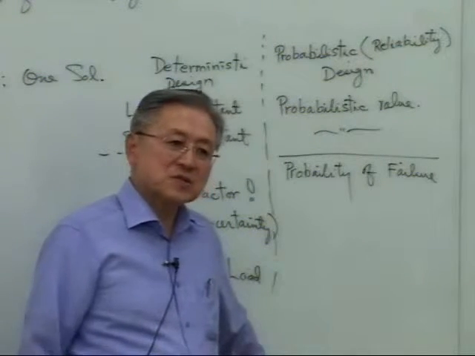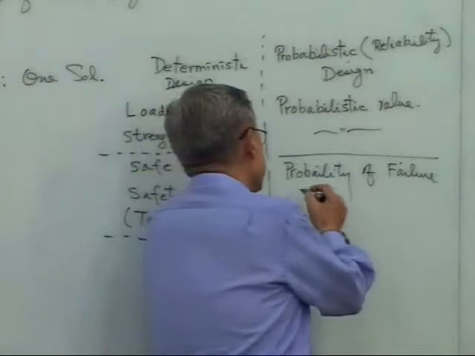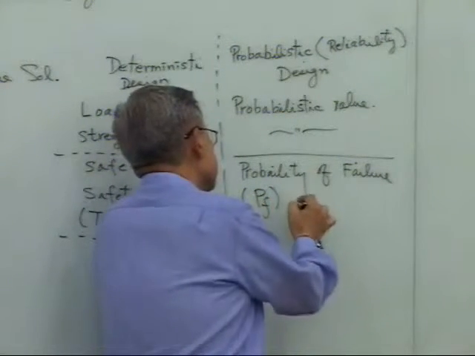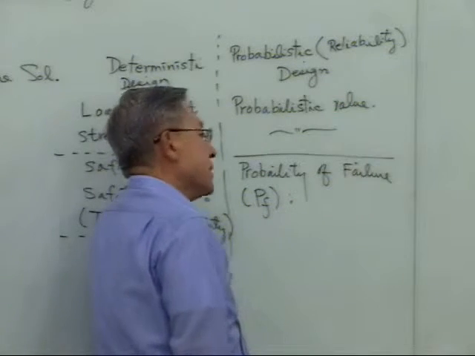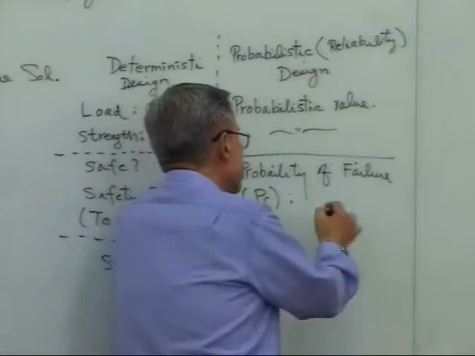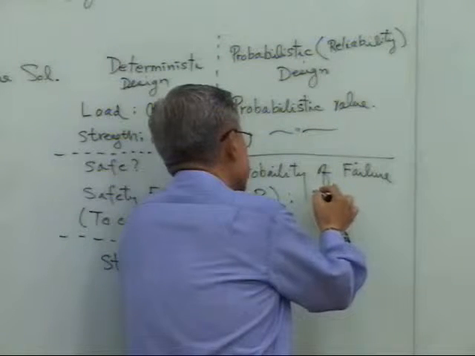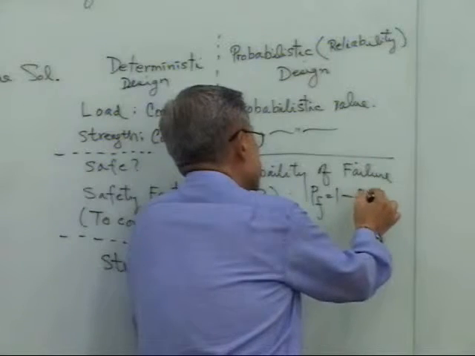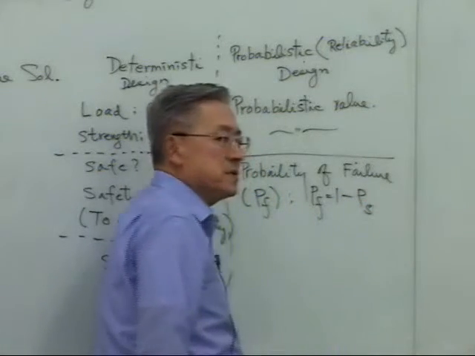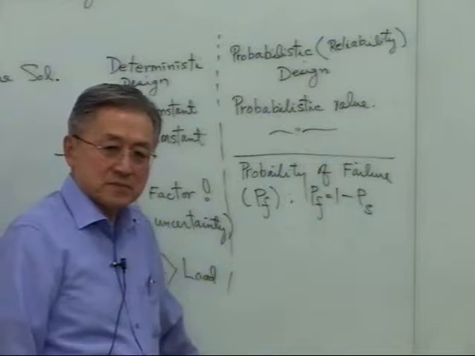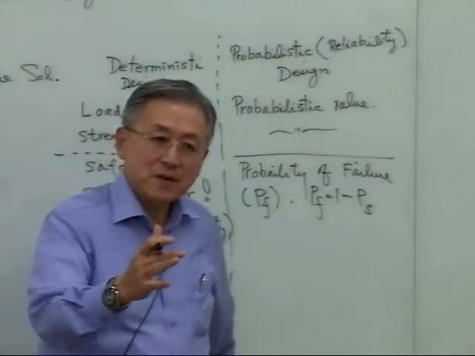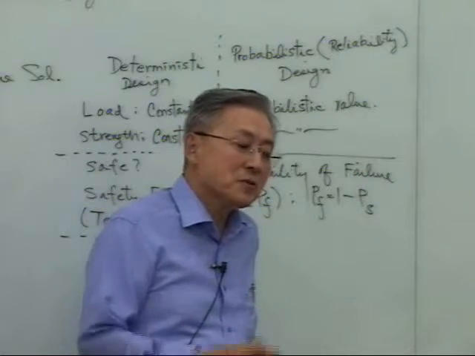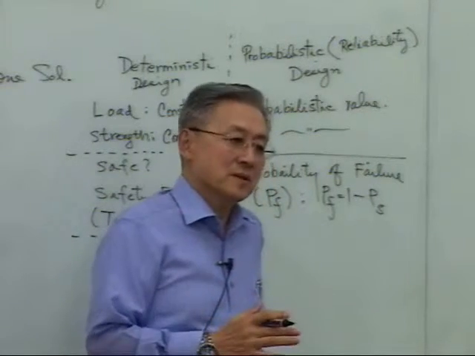Then you have to, of course, set up the design probability of failure. Probability of failure is equal to 1 minus the probability of survivor. Probability of failure plus the probability of survivor is equal to 1.